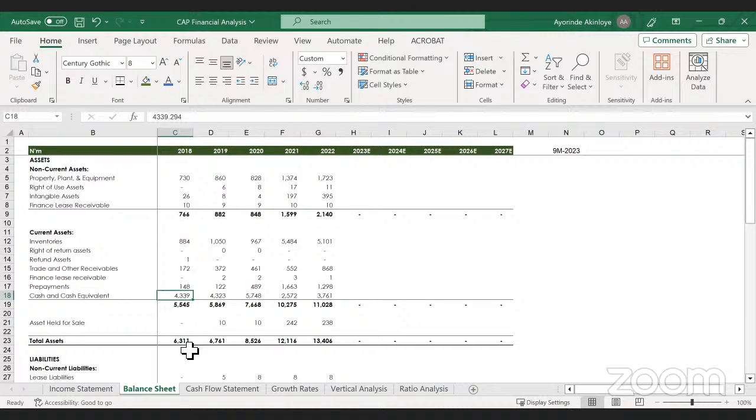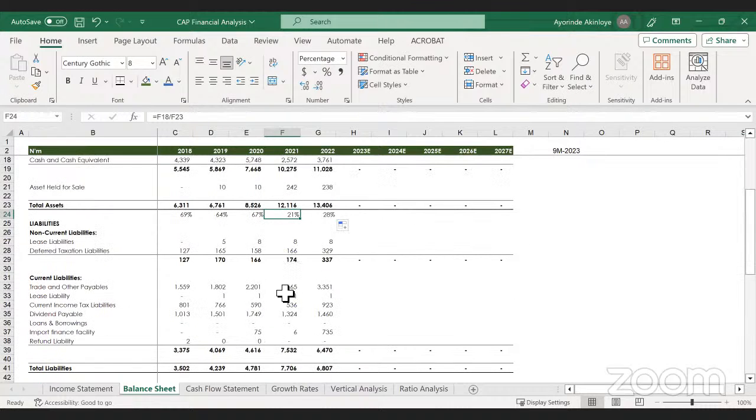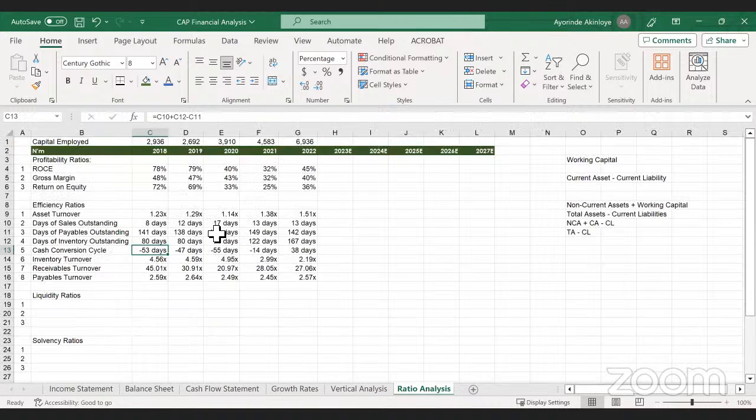See total assets 6.3 billion. Cash is a huge chunk of their total assets. Cash is about 69% of their total assets. Was 69% here, 64%, 67%, and then suddenly is now 21%, largely again because of dynamics of working capital, which reflects in this ratio analysis.